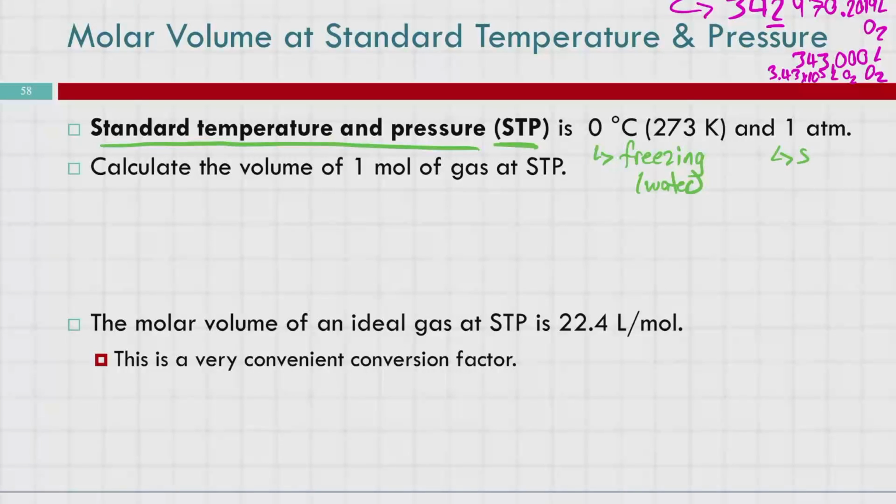Sea level. If we're at sea level, that probably means that we are at the sea, at the beach. Usually a good thing. So we're freezing cold, not a good thing, but we are at the beach. So that's STP.